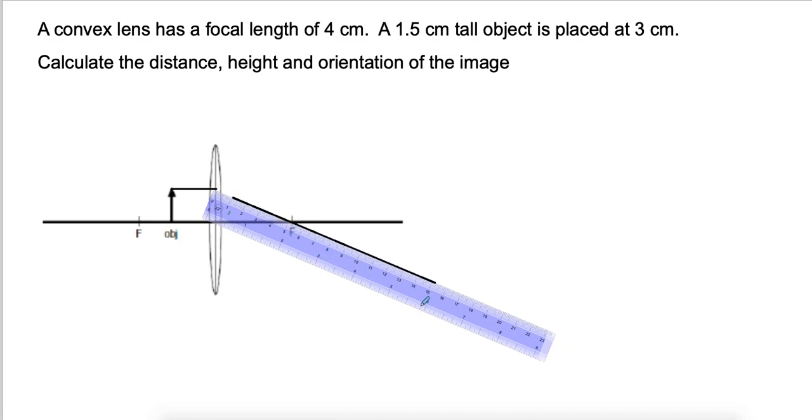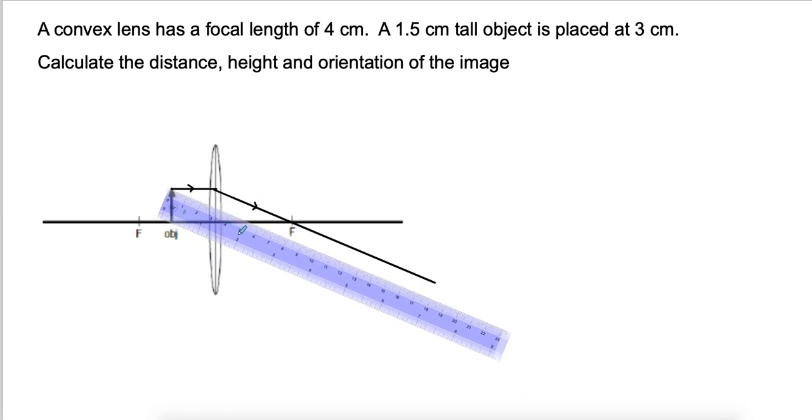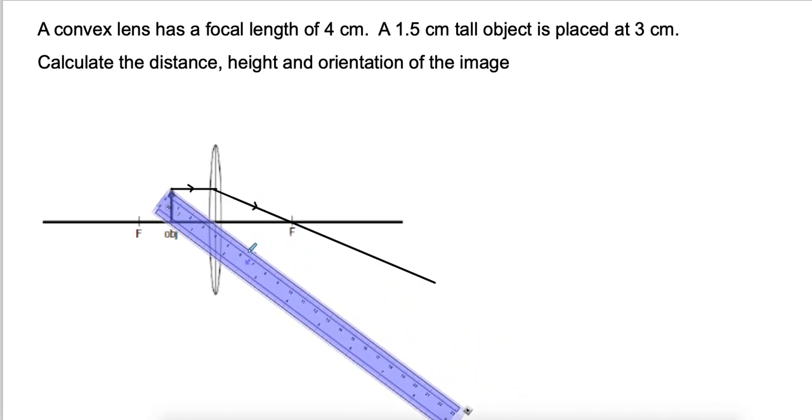That's ray 1. And the second ray, I'll draw right through the center of the lens just because it's easy.